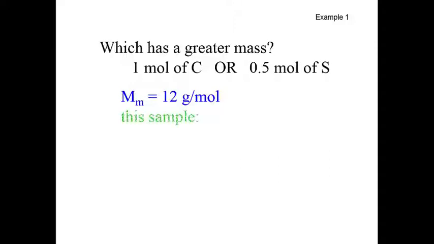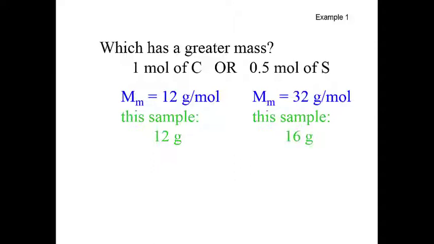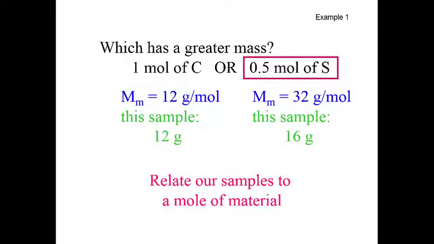So our sample has a mass of 12 grams. The molar mass of sulfur is 32 grams per mole. This sample, being half a mole, must have a mass half of 32, or 16 grams. We can see the sulfur sample has the greater mass. We always relate our samples to 1 mole of material.